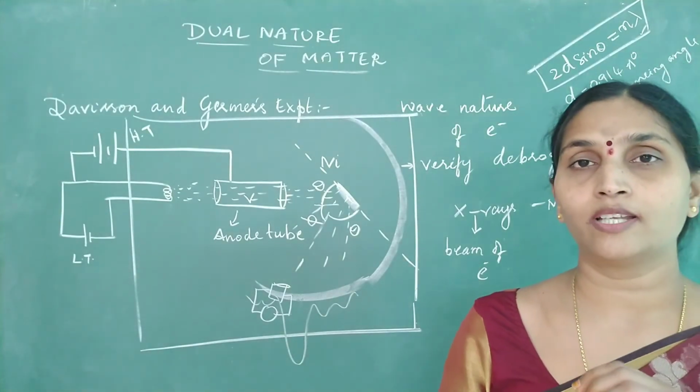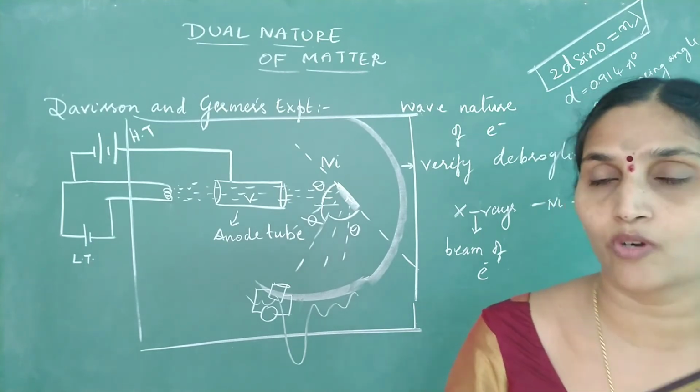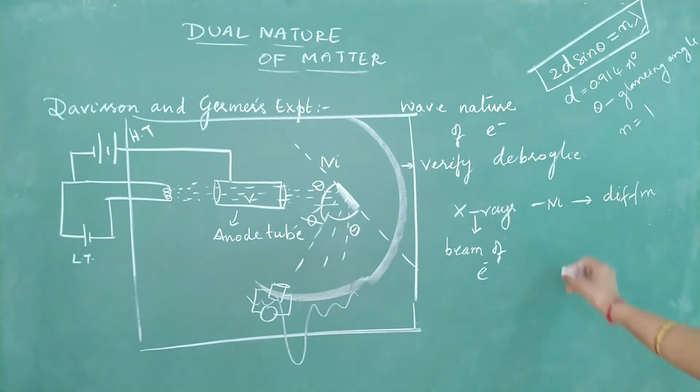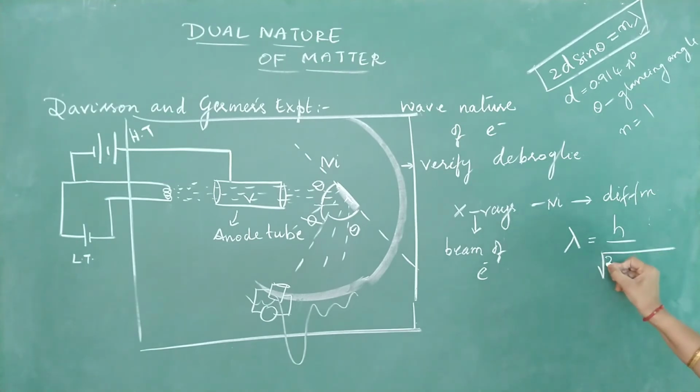So if this wavelength of electrons matches with the de Broglie's wavelength. Okay, what is the de Broglie's equation for finding out the wavelength? It is h by mv. If I write it in terms of potential, I can write it as h by root 2mqV, where V is the potential through which you are accelerating the electrons.